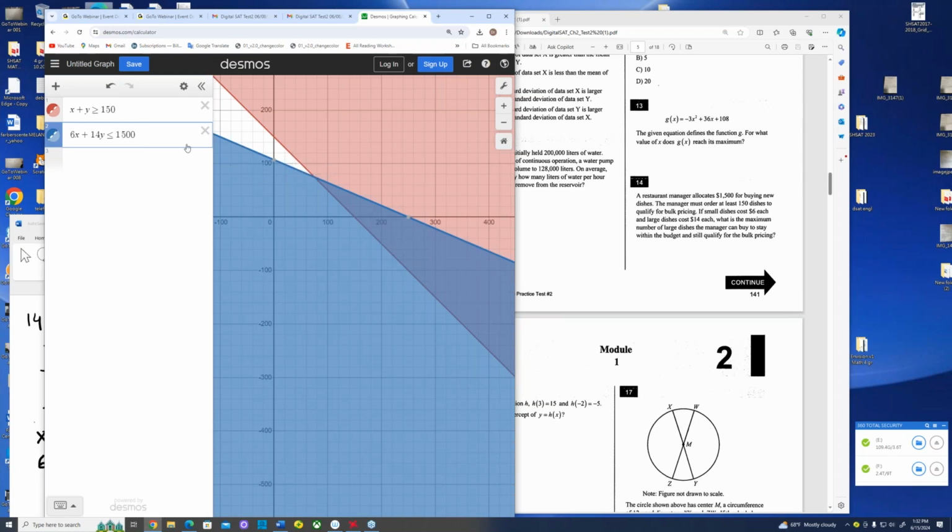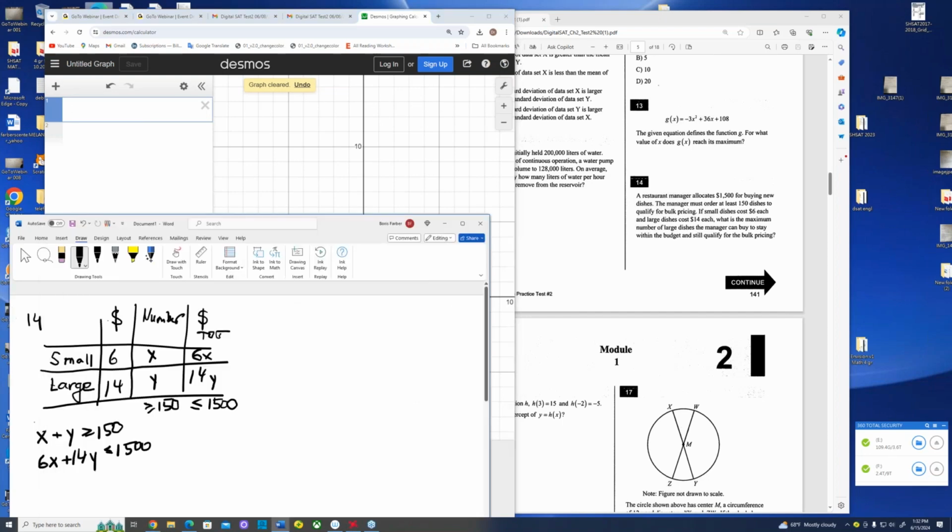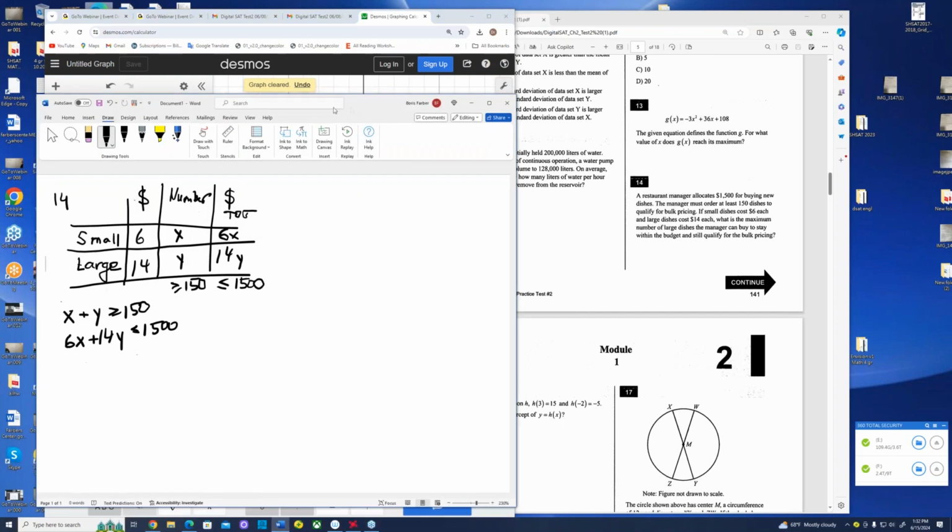A combination of Desmos and analytical saves you time. Just type these two inequalities, that's it. Any questions so far? No questions. So let me delete this one.